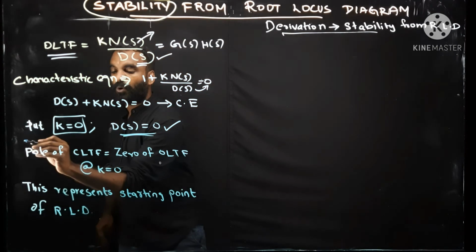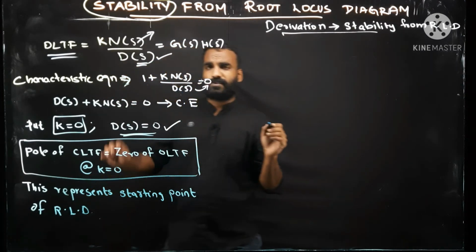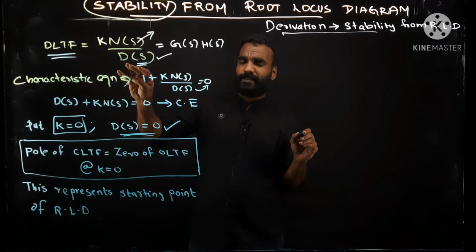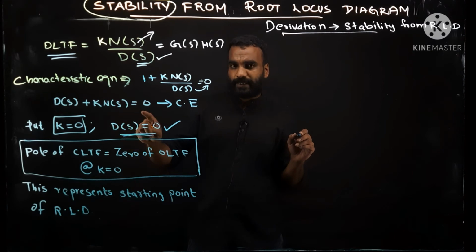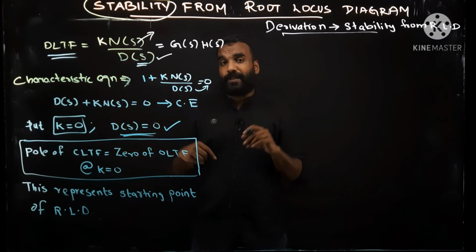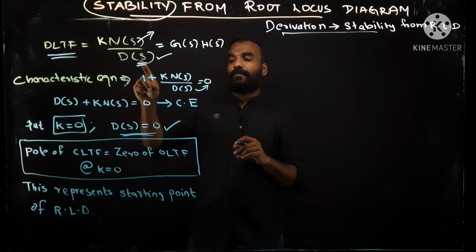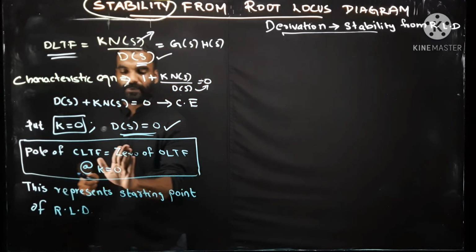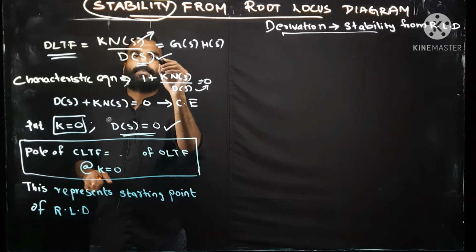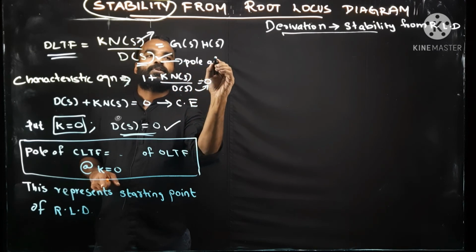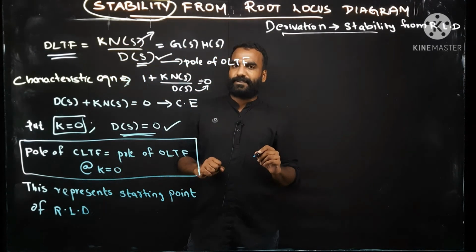So it is proved: the pole of the closed loop transfer function is equal to the pole of the open loop transfer function at K equal to 0.